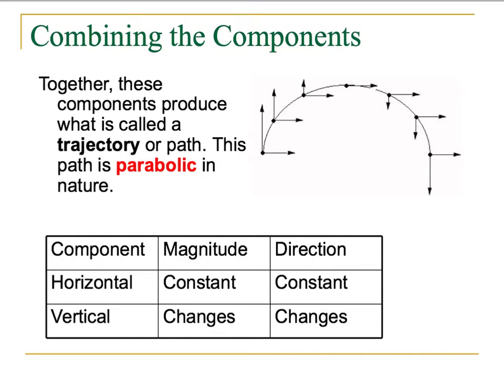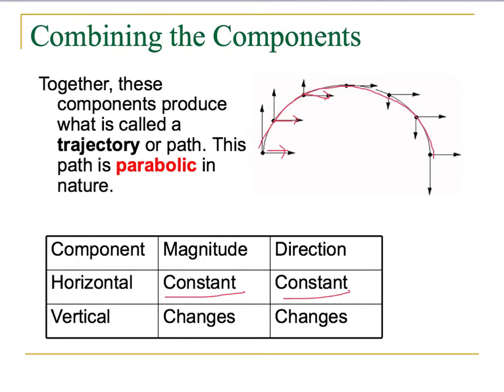Now this is just a summary here. We did mention that the projectile has a parabolic path, that at all points along that path it's got velocity, and that velocity can be broken down into two components. The horizontal component is constant in magnitude and constant in direction, and that's why we see all of these arrows here being the same length and the same direction.